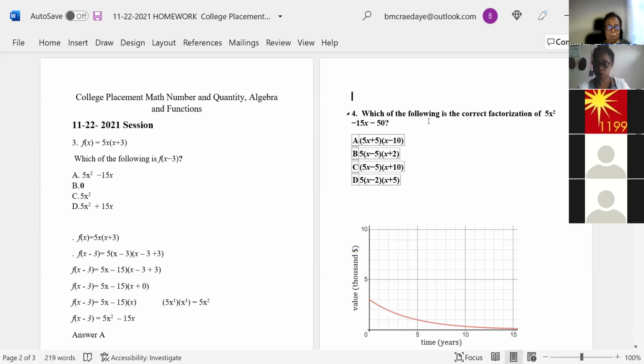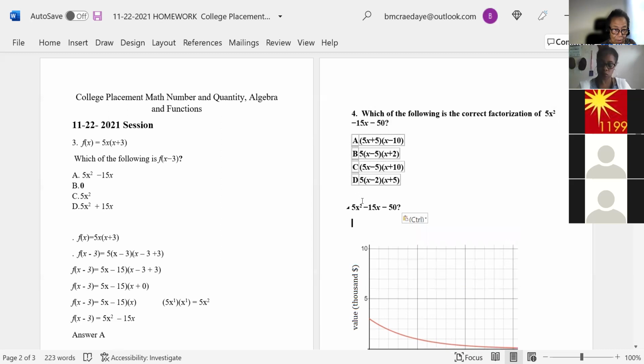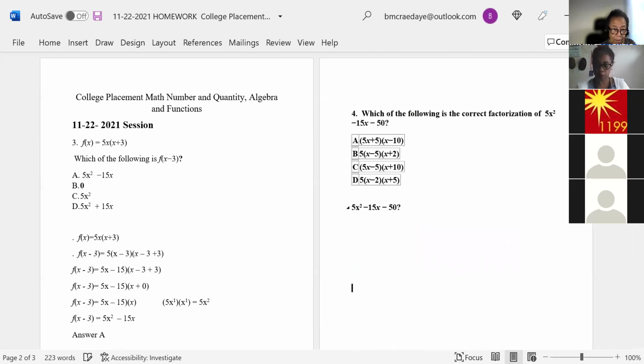Okay, let's go to number 4. Factorization. Let's copy this and you tell me what are the common factors for these numbers. 5x squared minus 15x minus 50.